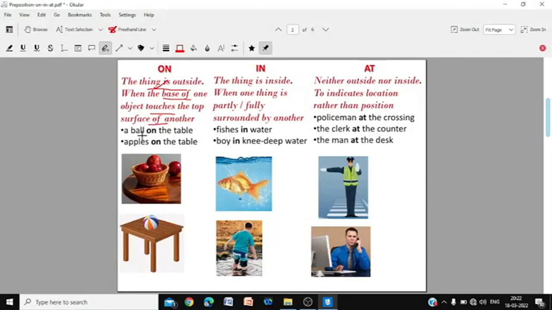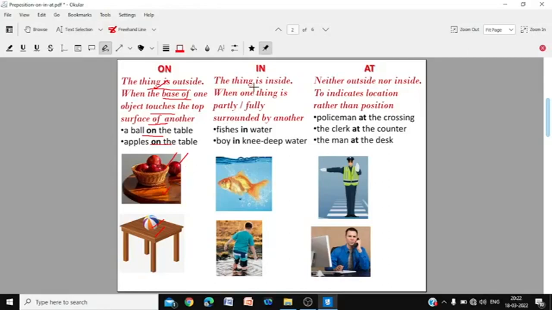A ball on the table. See that the bottom of the ball touches the top surface of the table. Apples on the table. The bottom of the apples or the basket, or this apple, is touching the surface of the table. So the thing should be outside and the object should touch the surface.